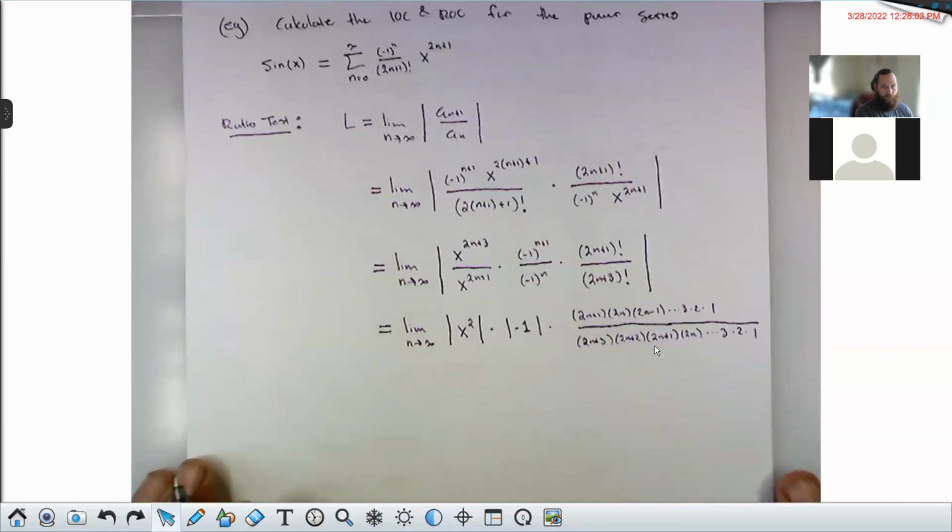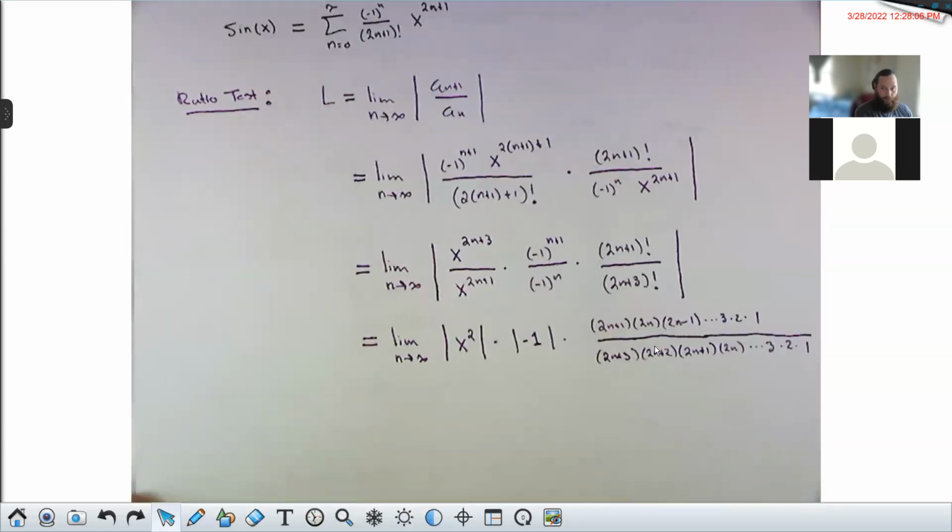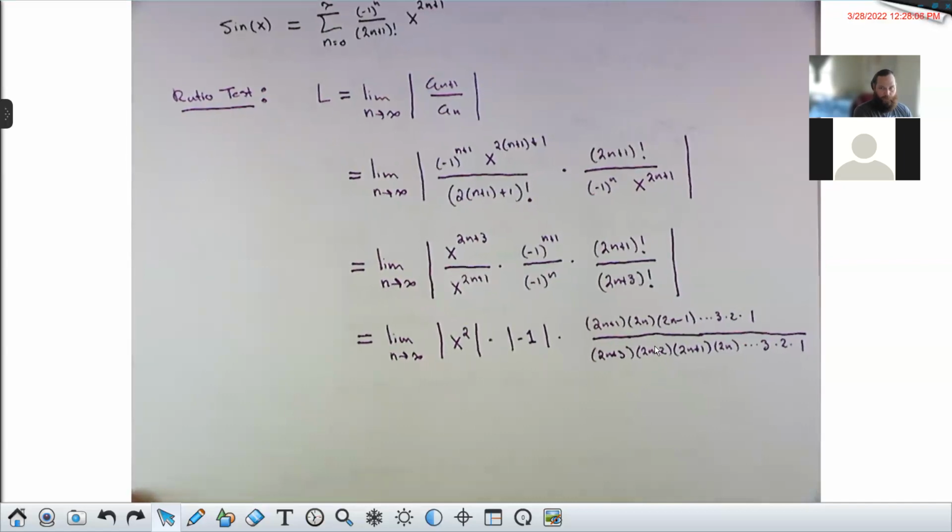So the majority of the work here, as in all these problems, is dealing with the factorials in the ratio test. The trick there, as always, is to write out the factorials, just remembering what they are. A factorial is the product of the number times the number minus 1 times the number minus 2, all the way down to 1. I see a 2n plus 1 here and a 2n plus 1 here, a 2n here and a 2n here.